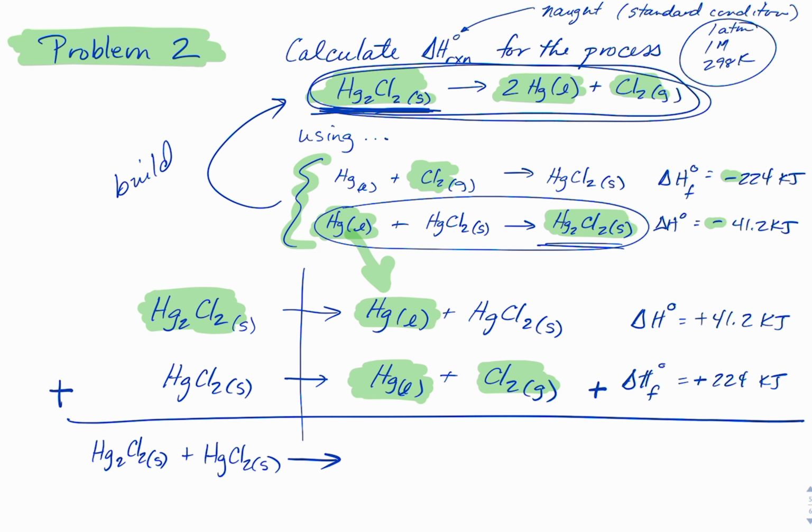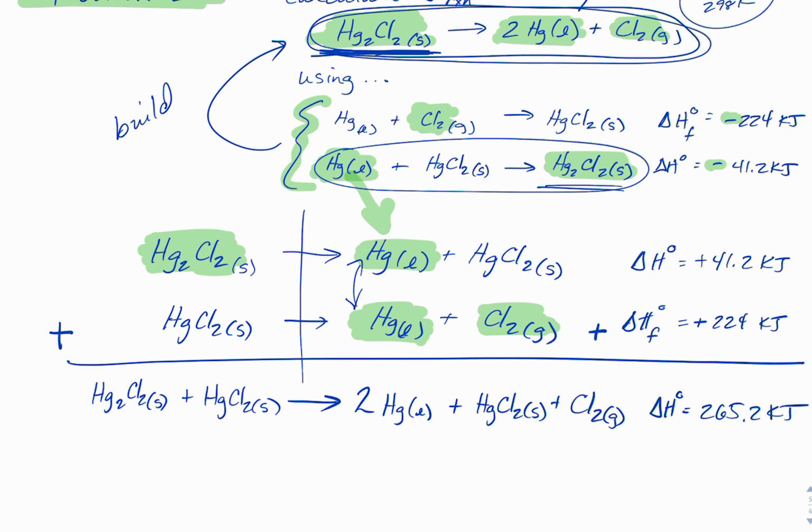On the product side, these are the same thing, so I collectively add them together and say I have two of them, plus HgCl2 plus the other chlorine gas. Then I add my delta H's together. Delta H naught is 265.2 kilojoules.